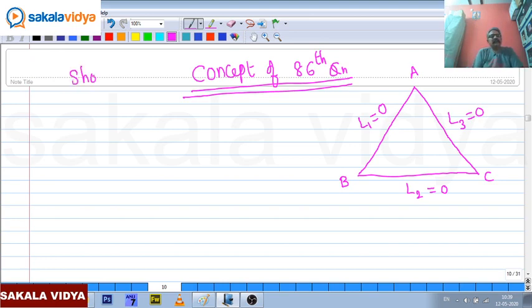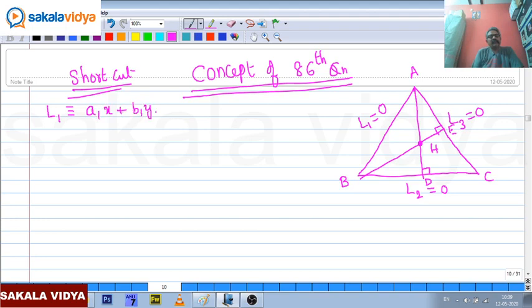This shortcut we follow. What is the shortcut means? Generally, we find out the altitudes. Say AD one altitude, BE other altitude. The point of intersection of these is the orthocenter. So how to find out the altitudes? Equation of the altitudes I will explain now. Consider L1 equals to A1x plus B1y plus C1 equals to 0, say equation 1.